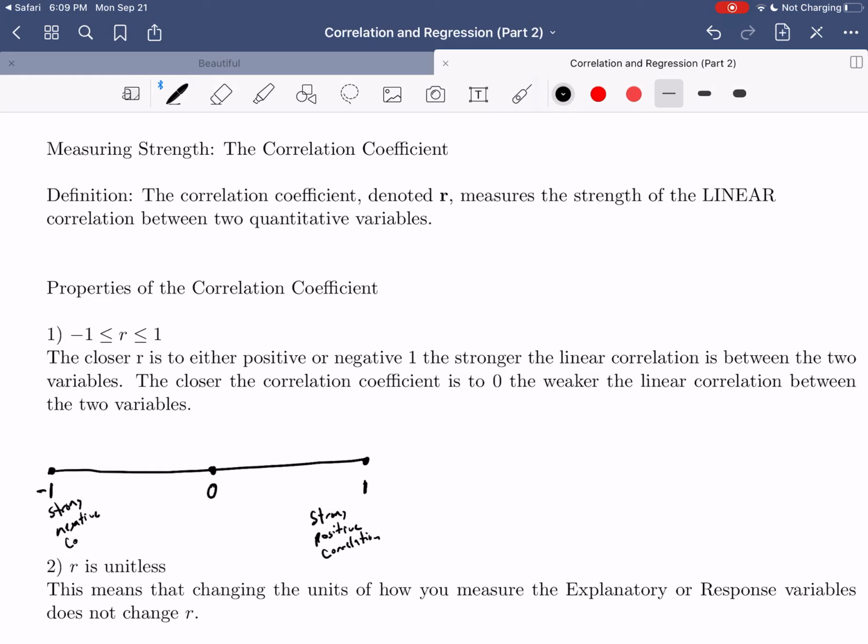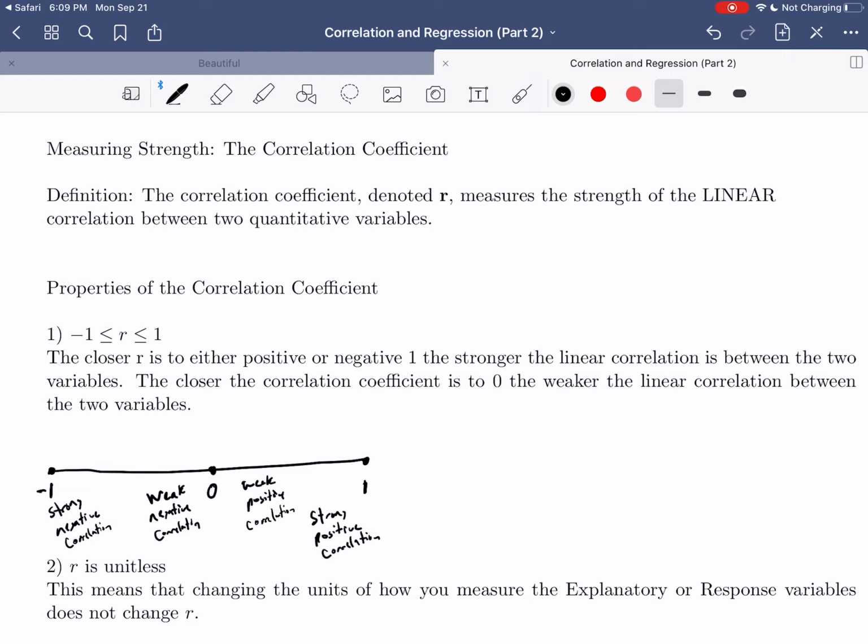So you can see that the correlation coefficient also tells us not only about strength, but also about the direction. A negative correlation coefficient is telling us we're seeing something that's negatively directed. A positive correlation coefficient is telling us that we're seeing something that is positively directed. Here, as we get closer to 0, this would be weak negative correlation. And here, this would be weak positive correlation.